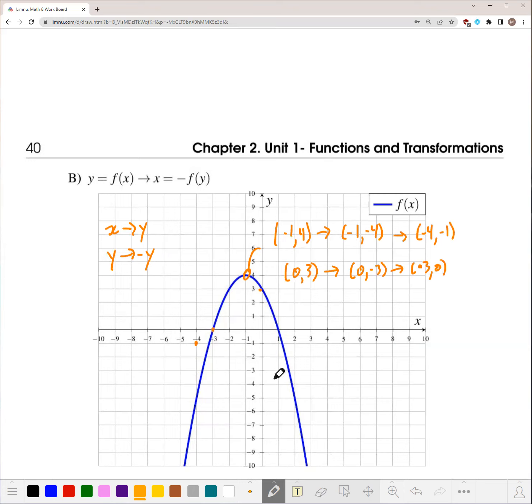I know why this is looking terrible, because I'm using the same color for both these things. Let's look at some more points. This is 1, 0, so that's going to become 1, 0 again, so it'll end up being 0, 1. Okay, this point here, -3, 0 becomes -3, 0, so 0, -3. And at this point, you should probably see our parabola forming here.